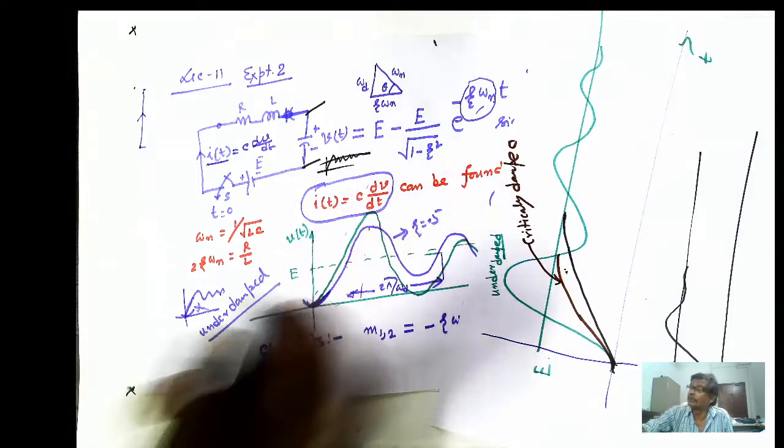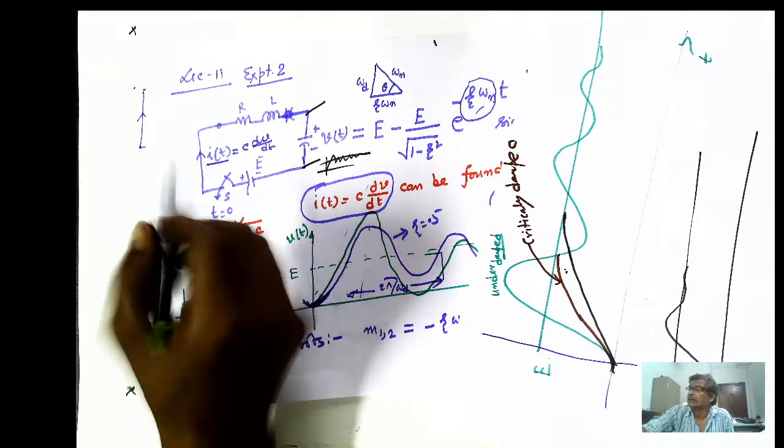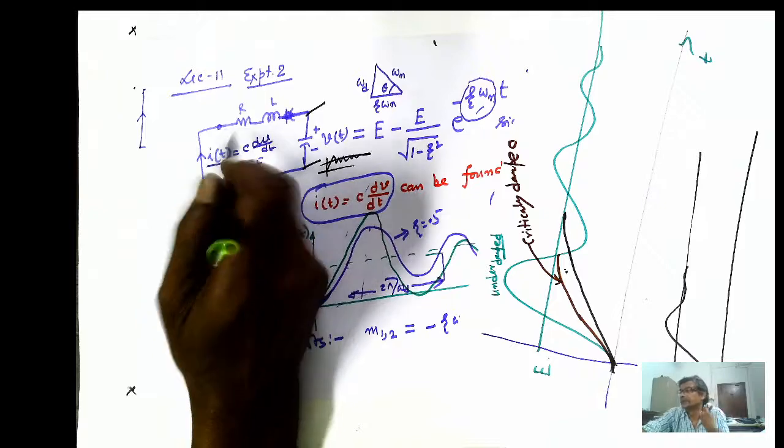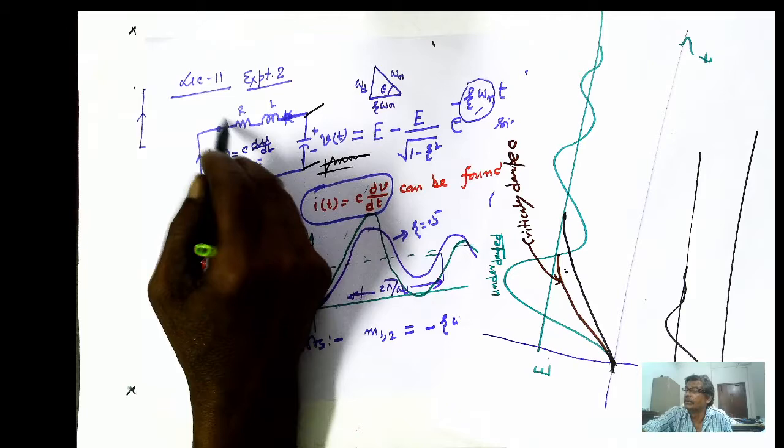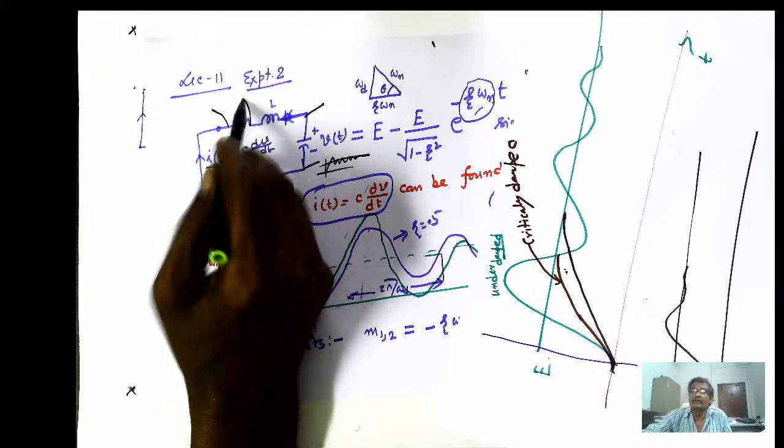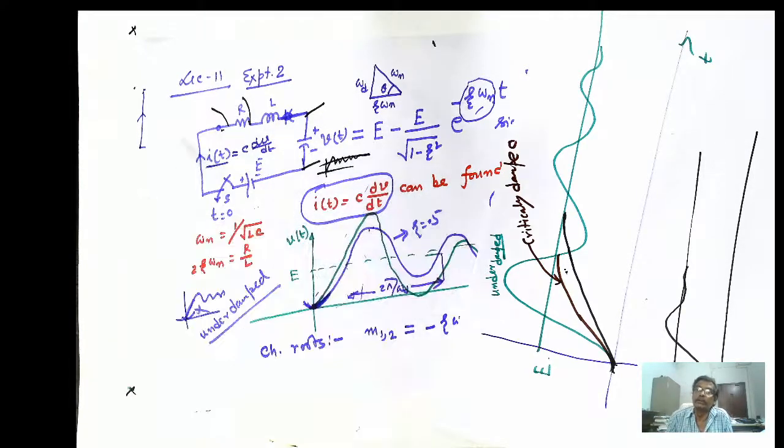Similarly, the current waveform can be seen because the resistance is a memoryless device. So you also see the waveform across R. That will in fact be the current waveform of the circuit, because V equal to IR.